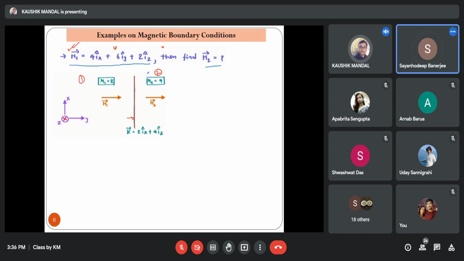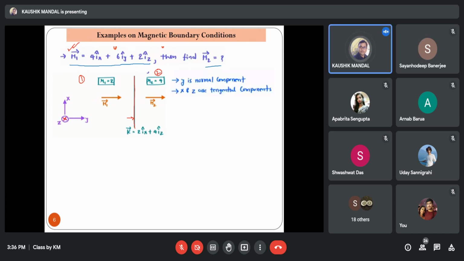Yes, that is very important to determine first. The normal component is the component along the y-axis, and the tangential components are the components of the magnetic field in the x and z directions. In this given magnetic field, this is the x component, this is the y component, and this is the z component.